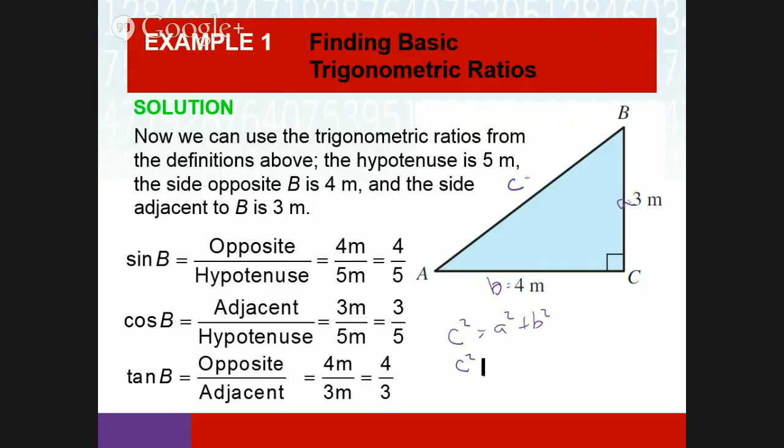So 3 squared plus 4 squared is 9 plus 16, which is 25. C squared equals 25, so C is the square root of 25, which is 5.